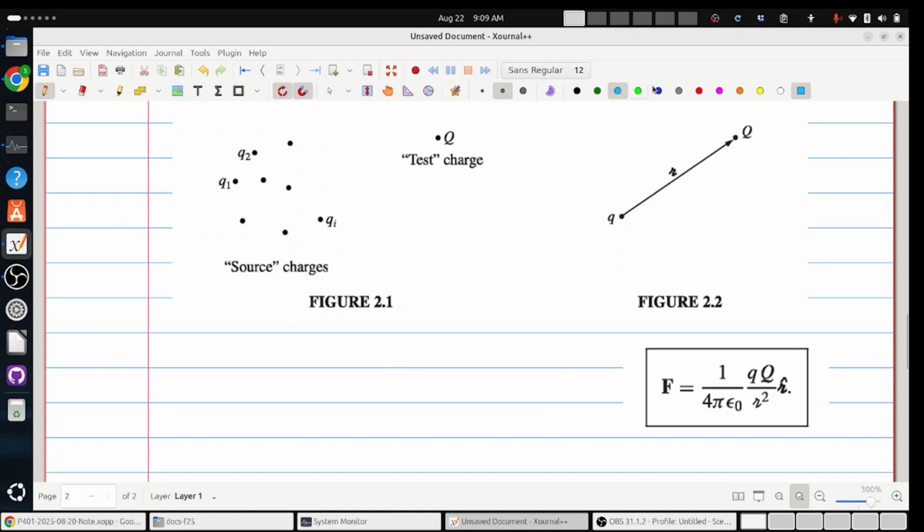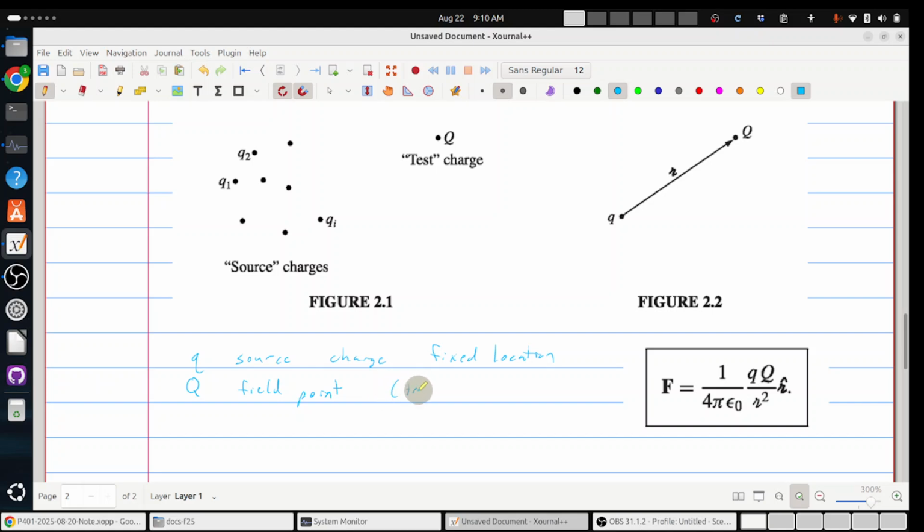and we will use our little q as some source charge, which is at a fixed location, and then our big Q is our field point, which could potentially move to different places.